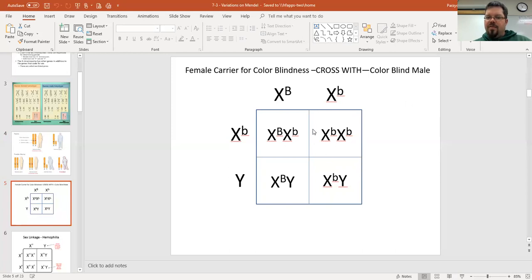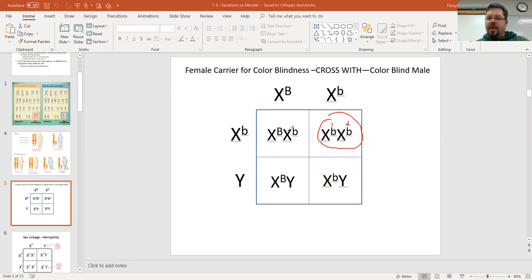Then there is a possibility of a colorblind female. Here we have the female genotype with two X chromosomes. The lowercase b represents the defective allele. In this case, you would have two copies of the defective allele, causing a colorblind female.